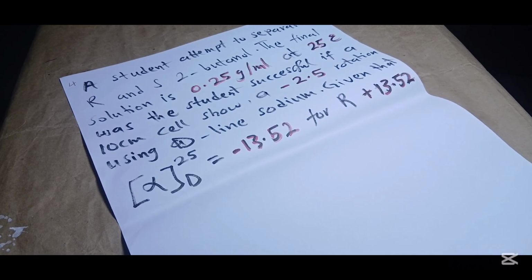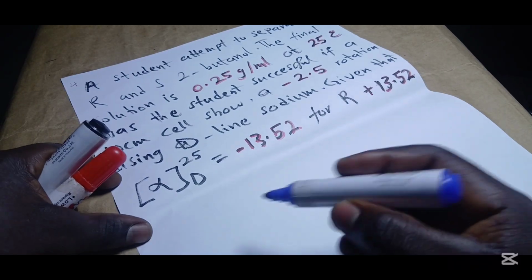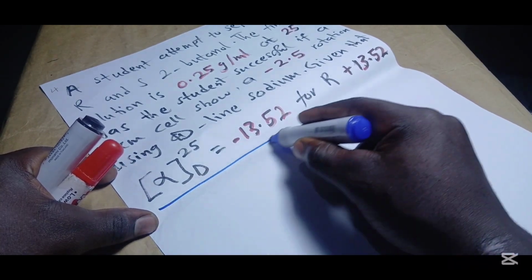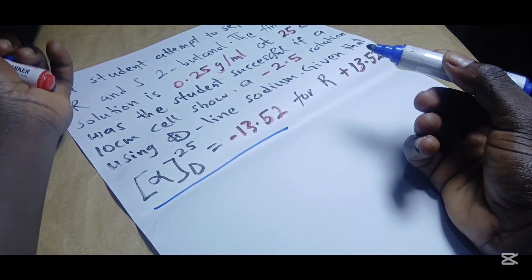Specific rotation tells us the ability of a solution to rotate plane polarized light. And almost any given chiral solution has a specific rotation. In this case, we have been given a specific rotation for the solution.